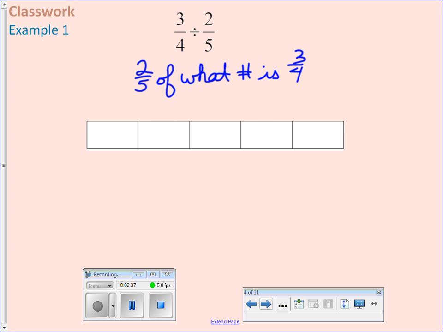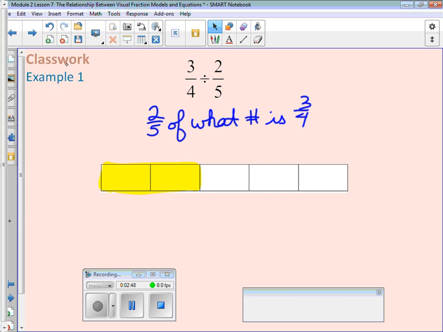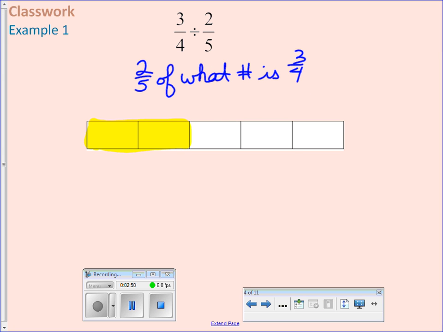So 2/5. So let's see 2/5 on our tape diagram. When I write my sentence this way, I think it's easier to see the relationship that 2/5 is 3/4.